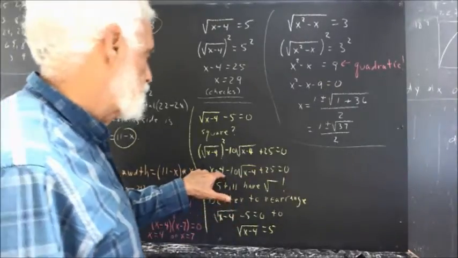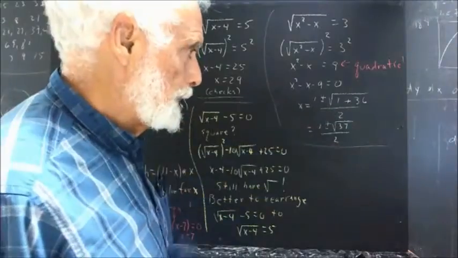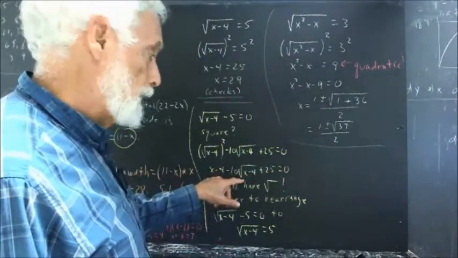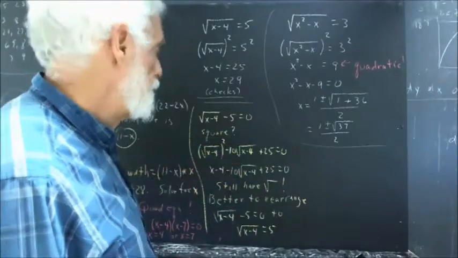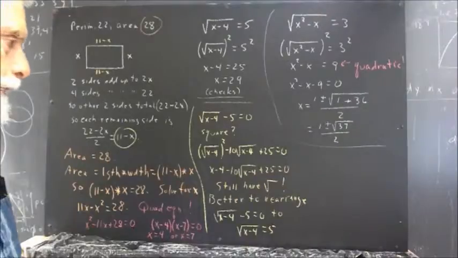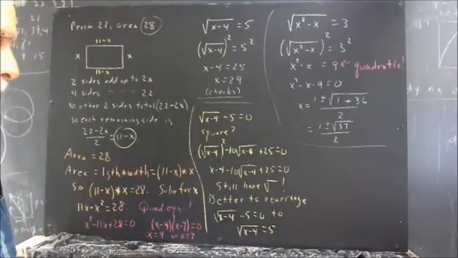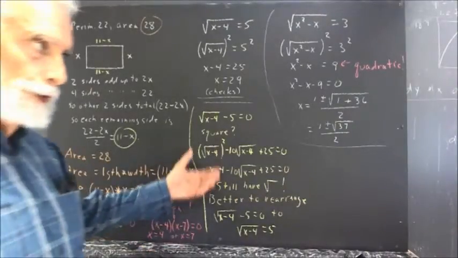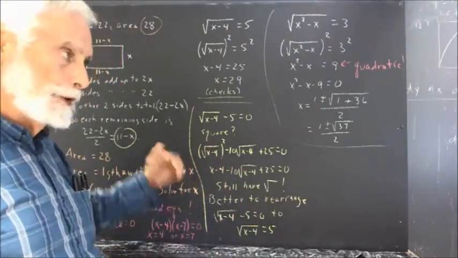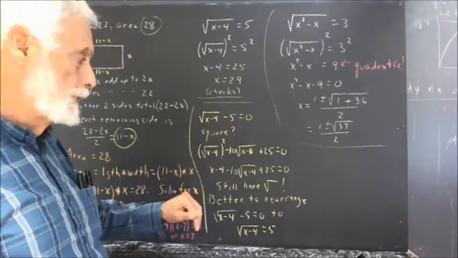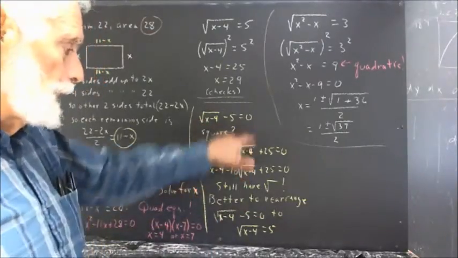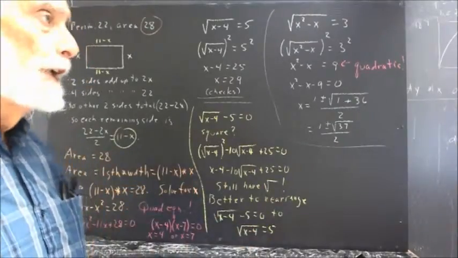We could get the x minus 4 and the 25, and we'd subtract all that off, get all that on the right-hand side, and then square, and then the square root would go away. We would end up with a quadratic, at least for a short time, and it might get confusing. We might get extraneous roots, but we could do it, and if we're careful in checking our solutions, we would still be able to get a good solution. But if you see something like this, you really want to do this.